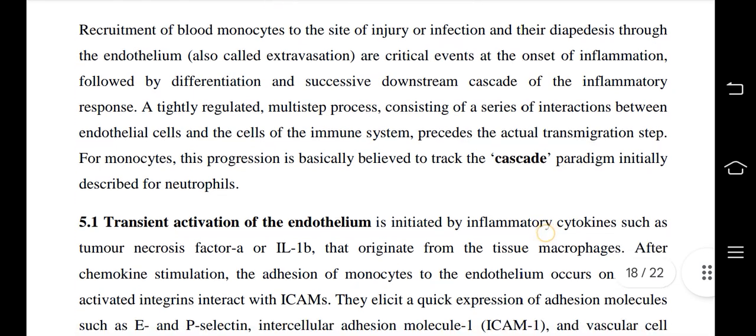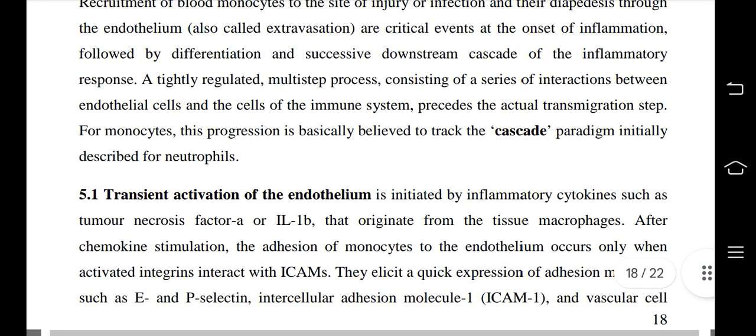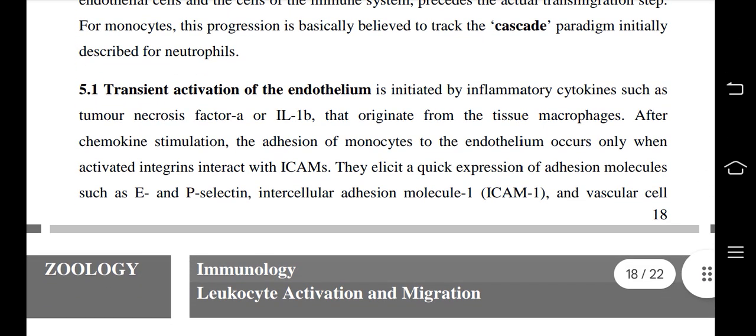For monocytes, this progression is basically believed to track the cascade paradigm initially described for neutrophils. Transient activation of the endothelium is initiated by inflammatory cytokines such as tumor necrosis factor or IL-1β, which originate from the tissue macrophages. After cytokine stimulation, the adhesion of monocytes to the endothelium occurs only when activated integrins interact with ICAMs.